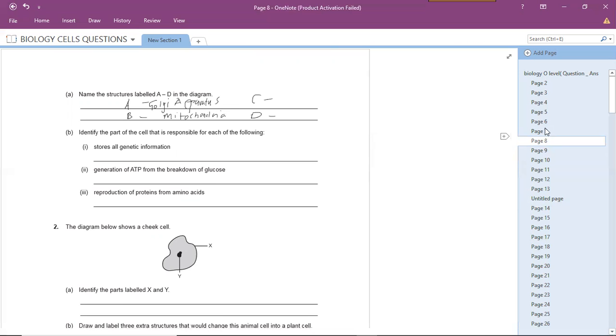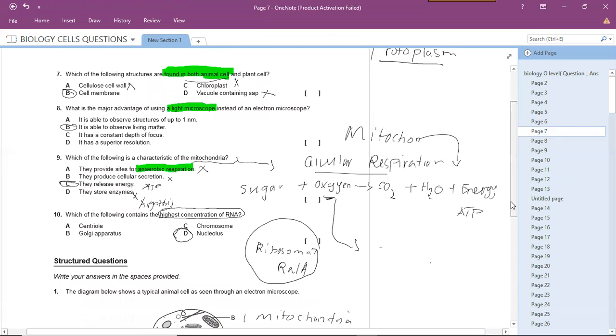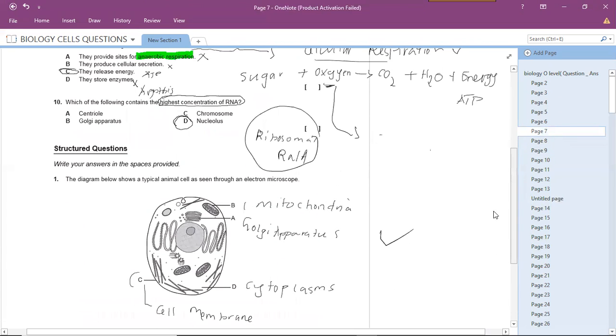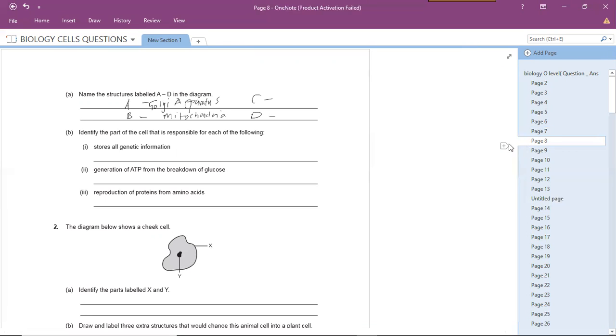Then C, we said what was C? C, cell membrane, and D, cytoplasm.